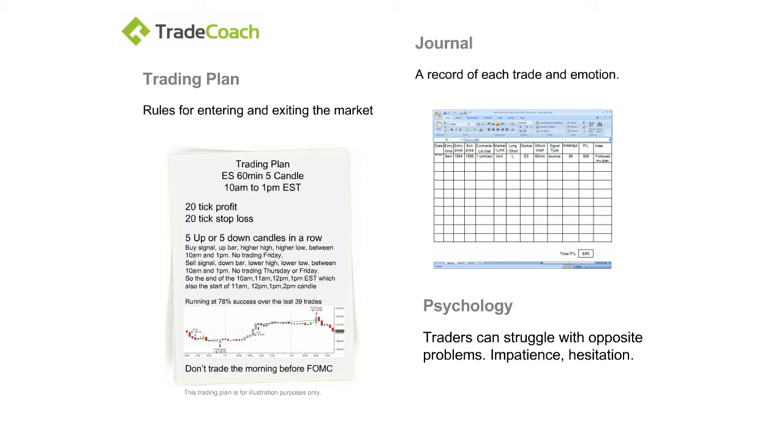No trading on Fridays for the longs. For the sell signals, 5 down bars, 5 lower highs and 5 lower lows between 10 and 1. No trading Thursdays or Fridays on our shorts. So we're looking at the end of the 10 a.m., 11 a.m., 12 p.m. and 1 p.m. candle Eastern Standard Time, which is also the start of the 11, 12, 1 and 2 candle.